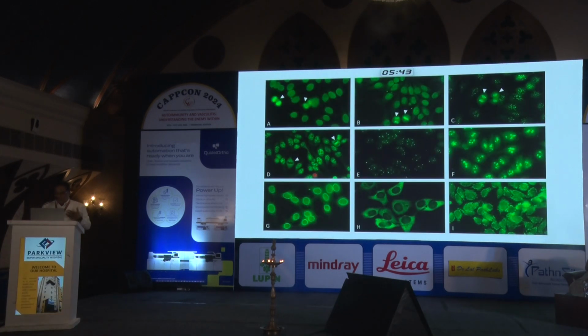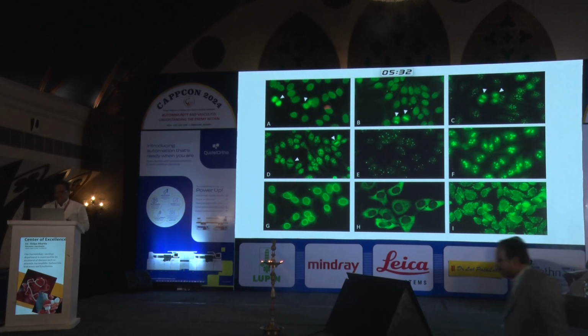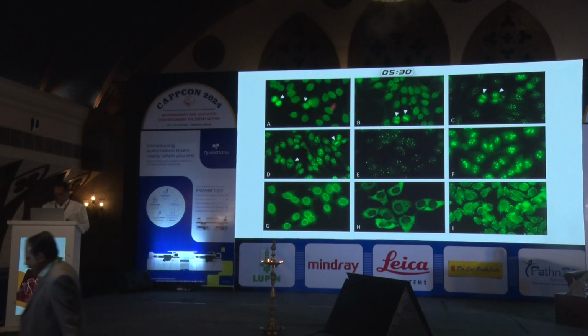Now, as pathologists, you already had a workshop on immunofluorescence, and I'm sure you must have seen these kinds of photographs. This is the ANA in Hep2 cells, and we are familiar with this diffuse pattern.